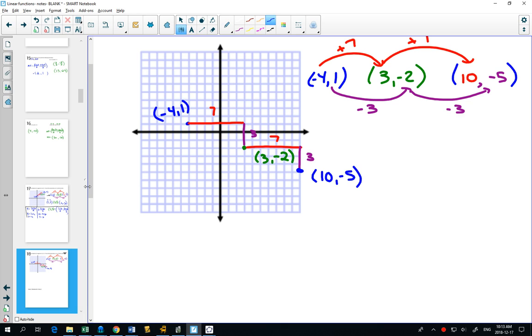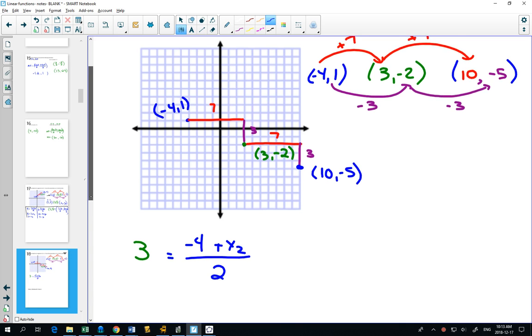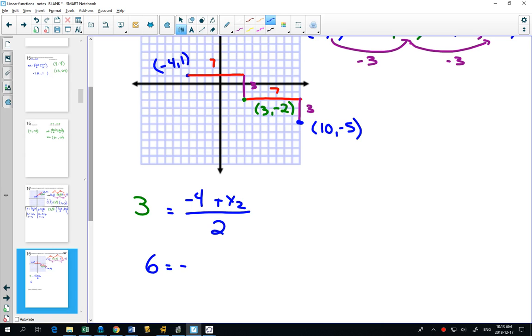And with the formula, the x coordinate of your midpoint, which I'll do in green here, is the 3. It would equal negative 4 plus x2 divided by 2. Multiply both sides by 2. 6 equals negative 4 plus x2.